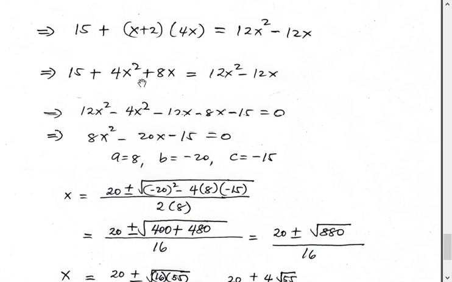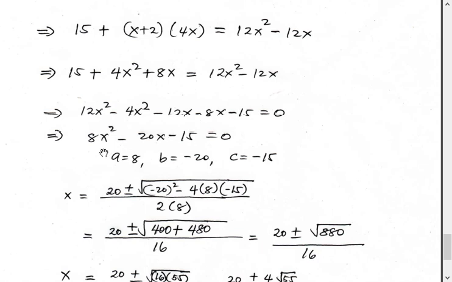12x squared, we put it there, minus 4x squared, then we have minus 12x, this is 12x, then minus 8x minus 15 equals 0.